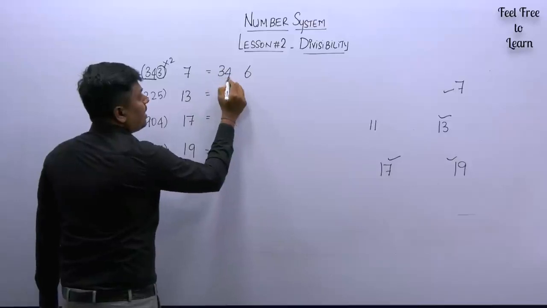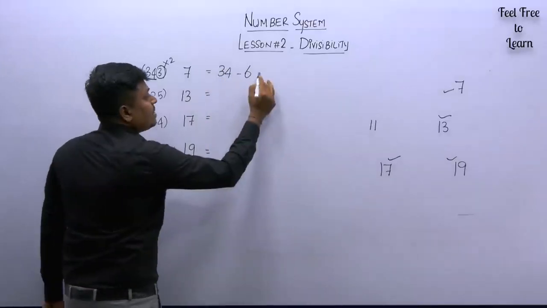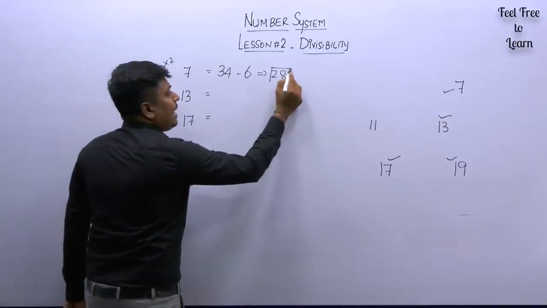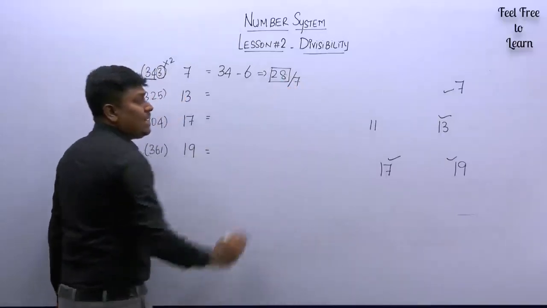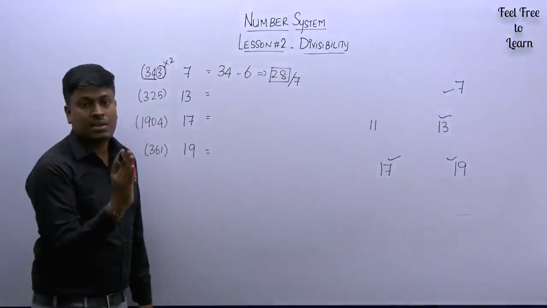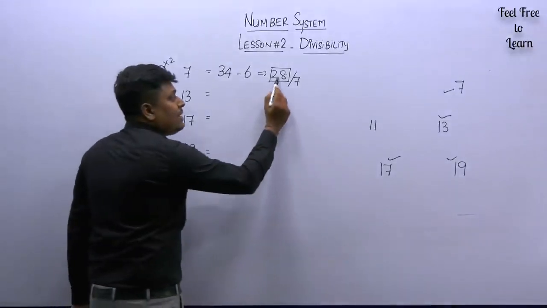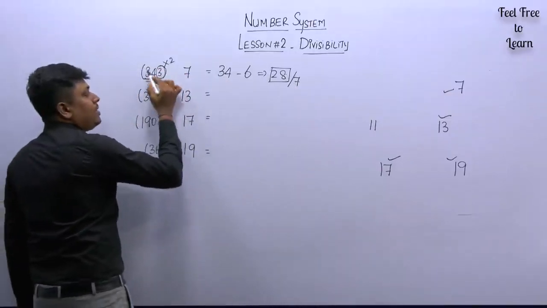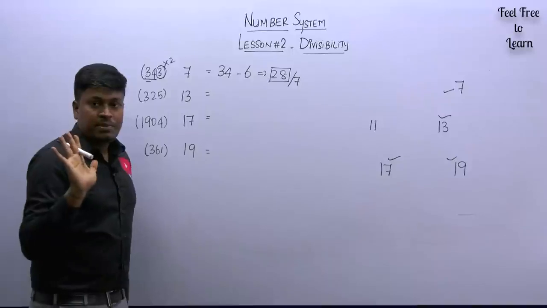You need to subtract the 6 from 34, so the result will be 28. Now is 28 divisible by 7? Yes, 7 4s are 28. So if 28 is divisible by 7, then we can say that the complete number 343 will be divisible by 7. So friends, understood?